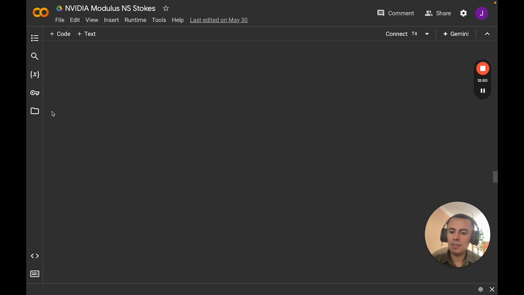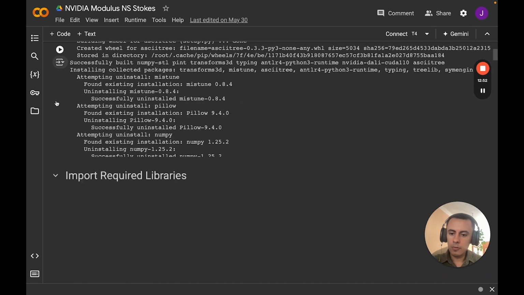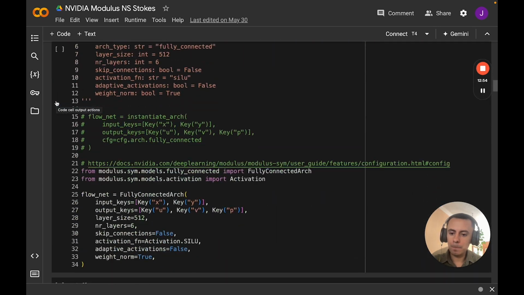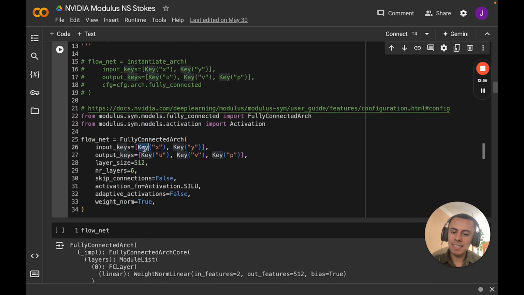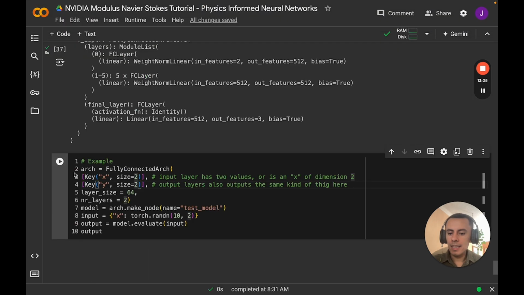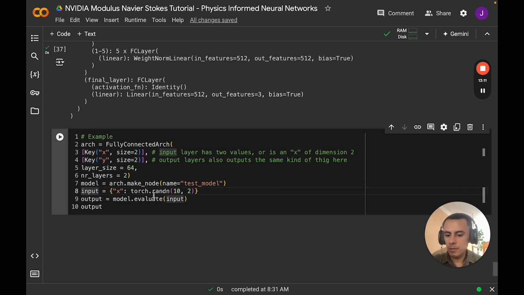It was a key x of 1 dimension and a key y of 1 dimension, and then we have three keys, U, V, and P. The example they gave is just a very simple test model.